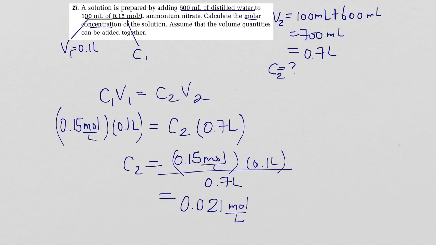And here you can sort of see that concept coming into play. When you are dividing 0.1 over 0.7, you're really dividing by 7. So if you think about it, 0.15 divided by 7, because you're allowing your solute to spread out 7 times more, that's going to equal 0.021.